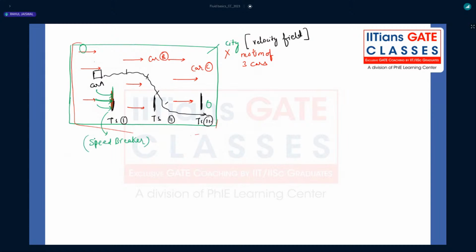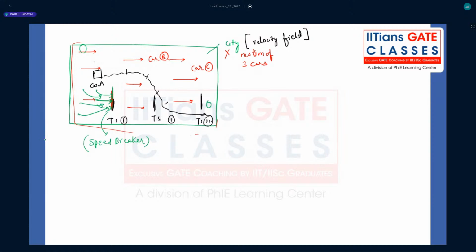If I say velocity at the speed breaker or velocity at this traffic signal, that means we are looking from the Eulerian description point of view, not the Lagrangian. Let infinite numbers of cars pass through this traffic signal or speed breaker.